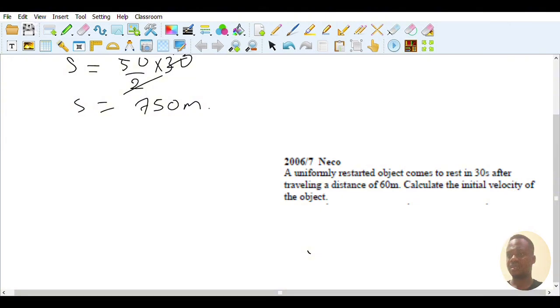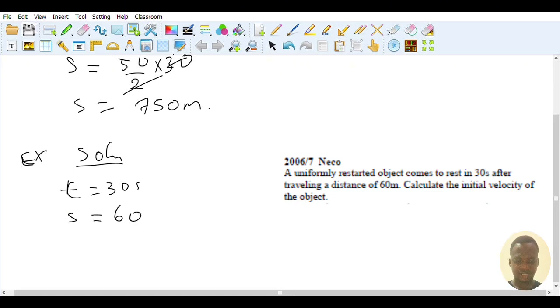Okay, a uniformly retarded object is brought to rest after 30 seconds. So what we have in that question currently is t. So t is 30 seconds. Okay, after traveling the distance, s is 60 meters.